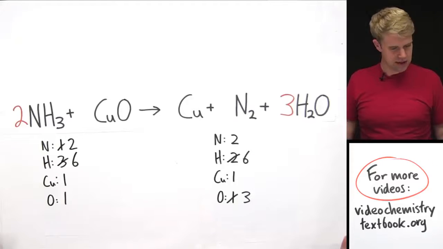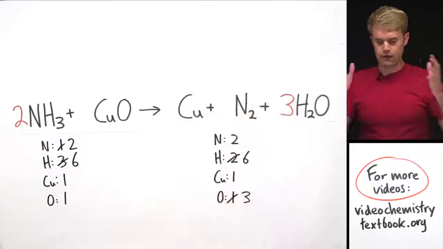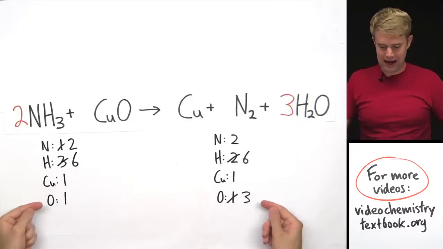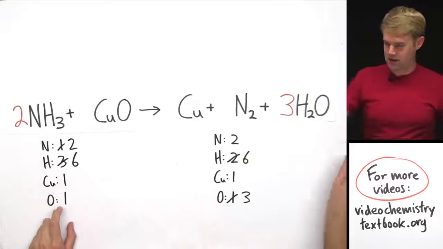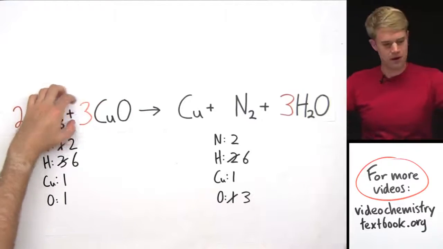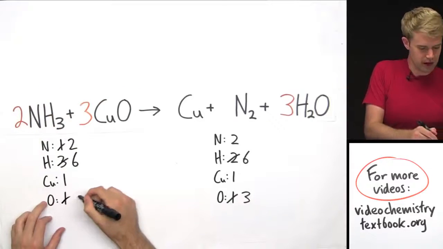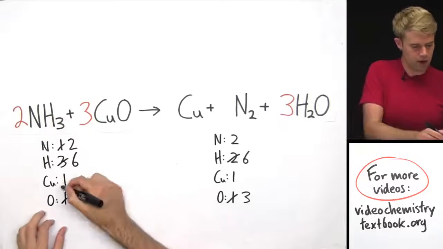The next thing that I can do, leaving copper and nitrogen for later, is balance the oxygens. Okay, I have 3 on this side, I have 1 on this side. So I'm going to multiply this by 3. So I'm going to do 3 times 1, get 3 oxygens. But I'm also going to get 3 times 1 for copper.